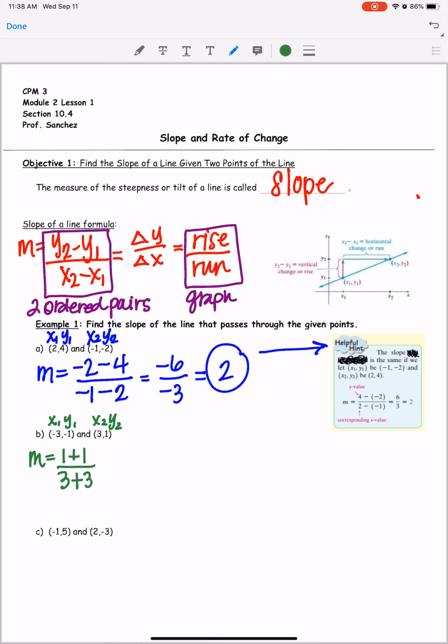So I'm just going to make that a +3. So watch out for those negatives when it has to do with these back ones, because those are going to turn into positives. So now simplify. 1 plus 1 is 2. 3 plus 3 is 6. You can reduce this. You can divide these both by 2.